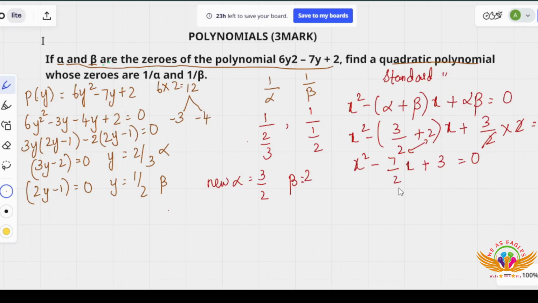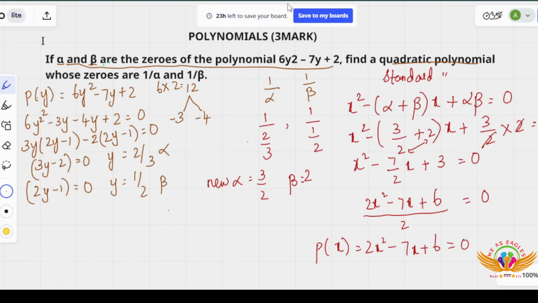Now just take the LCM 2. So it becomes 2x square minus 7x plus 6 is equal to 0, divided by 2 sent to the right hand side. 2x square minus 7x plus 6 is equal to 0 is our new quadratic polynomial.